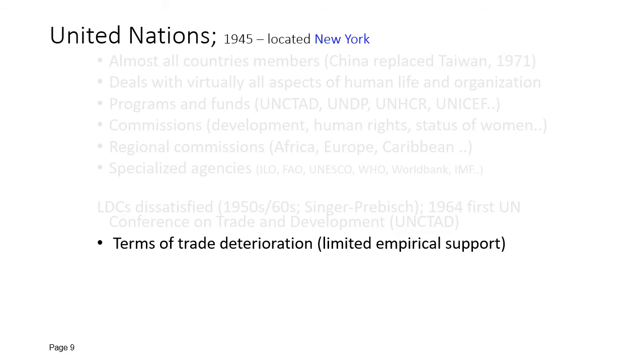So in a sense, what they were feeling is the price of the foreign goods or the price of foreign products were actually improving over time, while the price of their goods was relatively not improving over time. So they feel they were losing out.